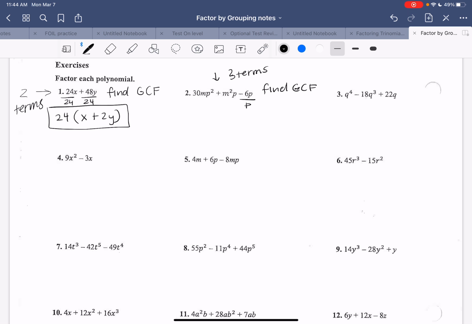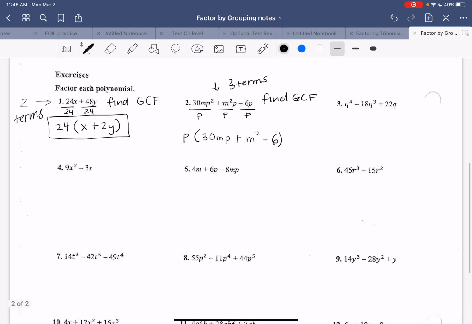That was my bad. So if I factor out a p, I'm left with 30mp plus m squared minus 6, okay? So again, on a lot of these, you're just going to have to find the GCF, and that's if there are 3 terms or less.